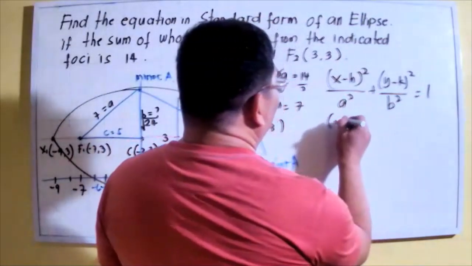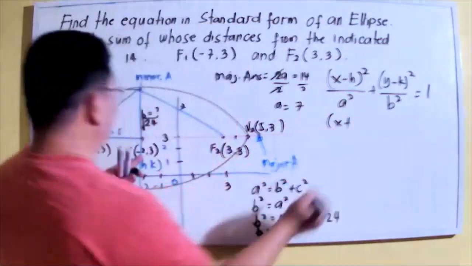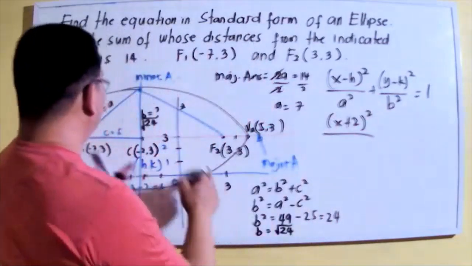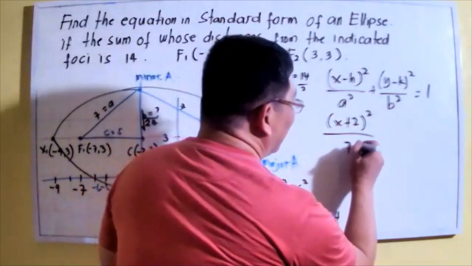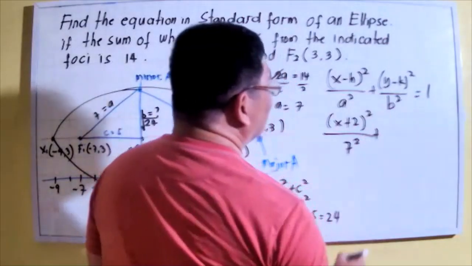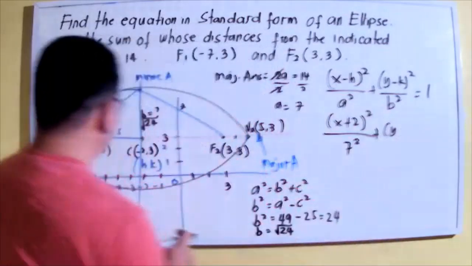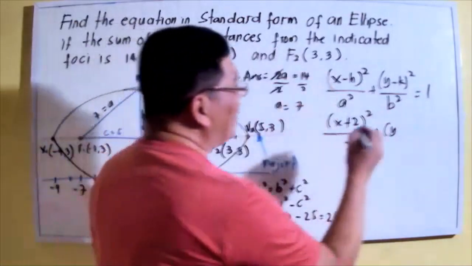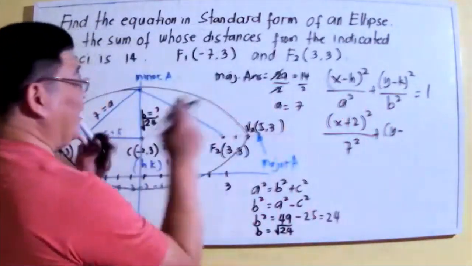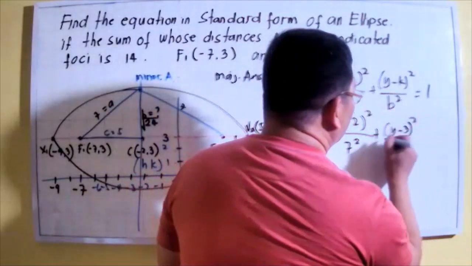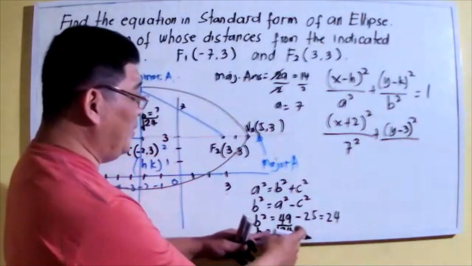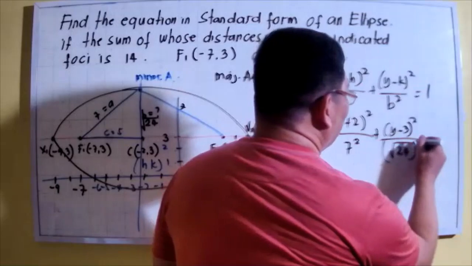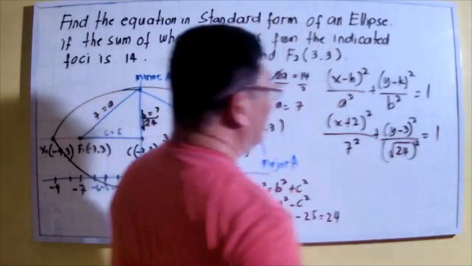So then, x plus 2 square over a square, which is 7 square, plus y. The 3 is positive in the Cartesian plane, but in the equation it becomes negative. So, y minus 3 square divided by b square, what is b? b is the square root of 24, square is equal to 1.